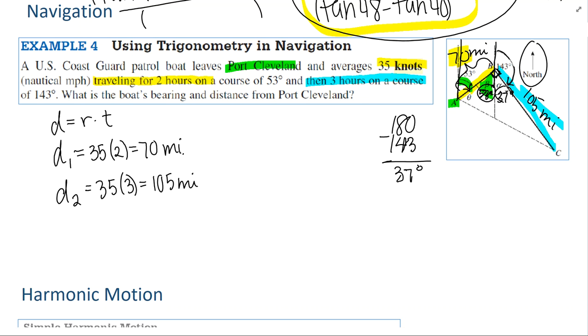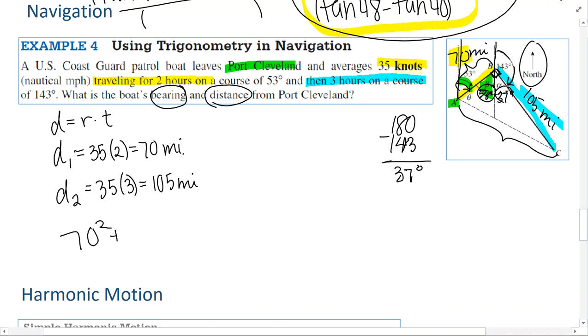Okay, so then we have two parts to the question. What is the boat's bearing, how many degrees from north, and what is its distance? This distance is easy. Just Pythagorean theorem, right? So we got 70 squared plus 105 squared equals that distance squared.